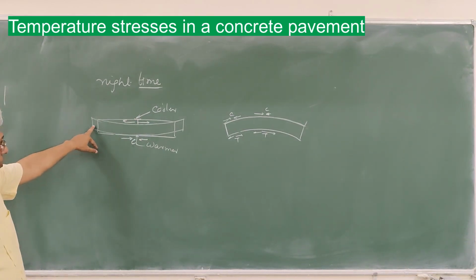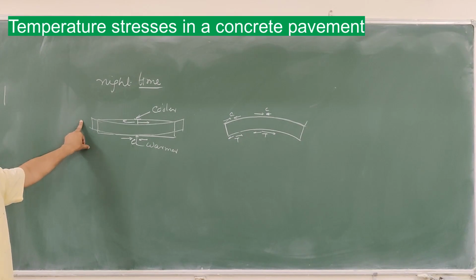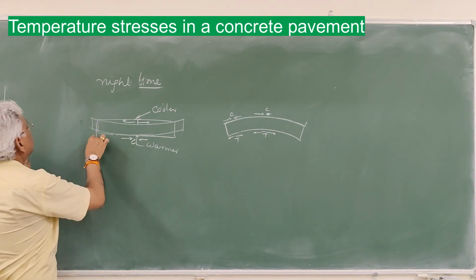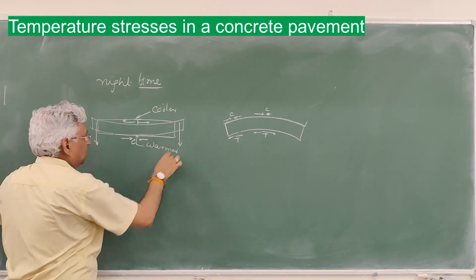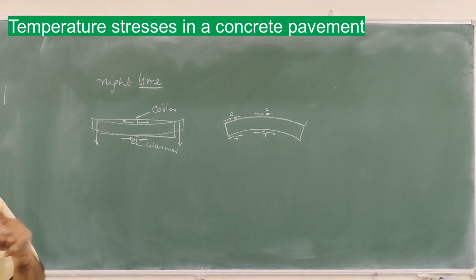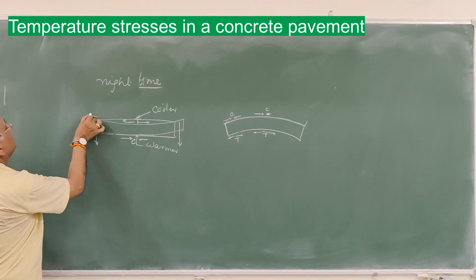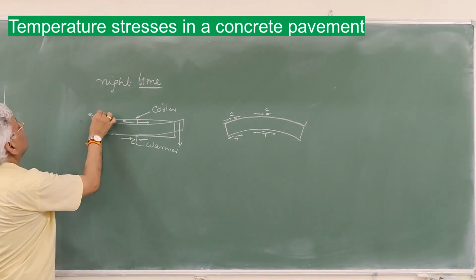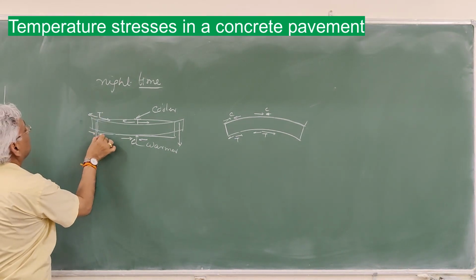Now here at the corner, when they curl up, they basically leave the base. So they start hanging in space, and the weight of the slab will resist this upward curling. And therefore, here it will be tensile at the top and compression at the bottom.